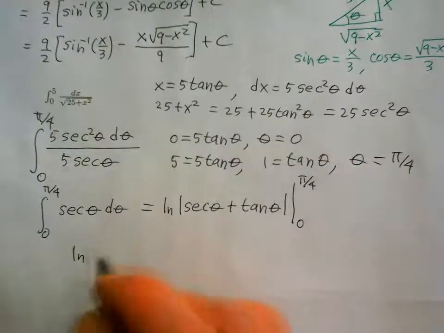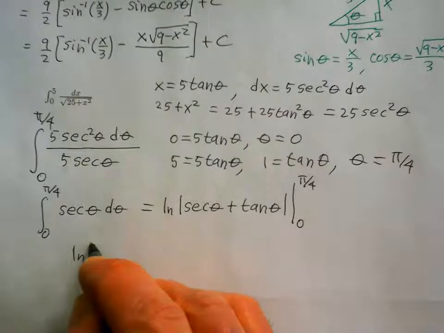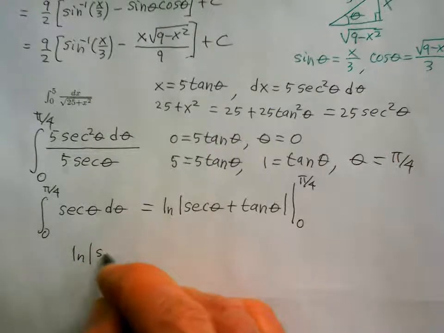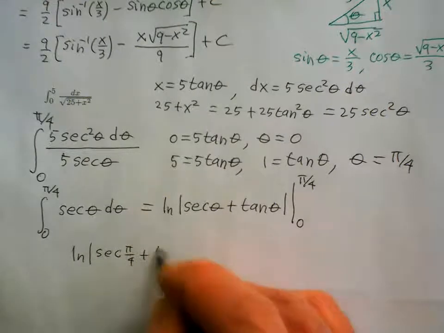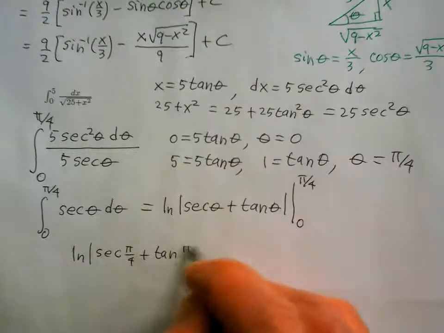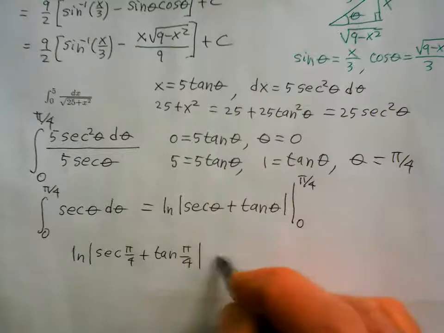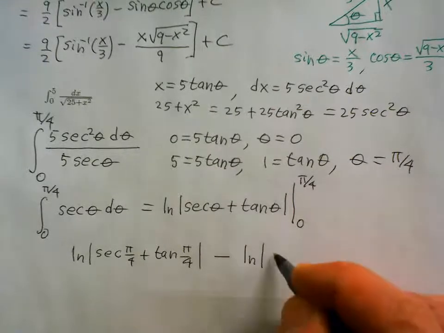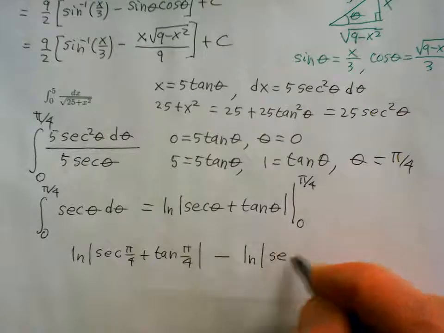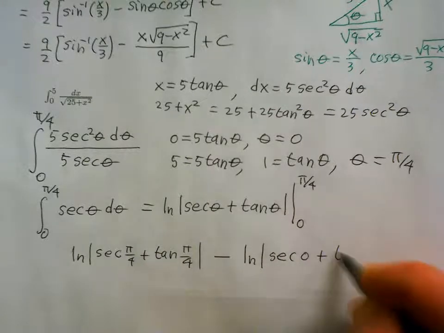So we get the natural log of the quantity secant of pi over 4 plus tangent of pi over 4, and then minus the natural log of the quantity secant of 0 plus tangent of 0.